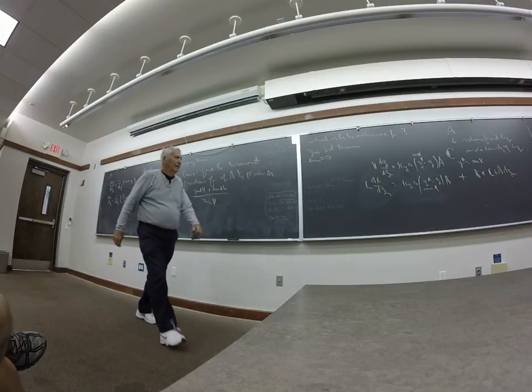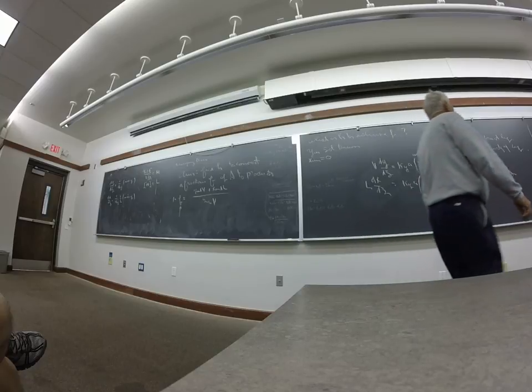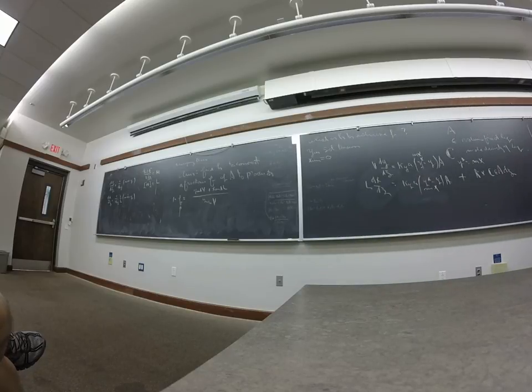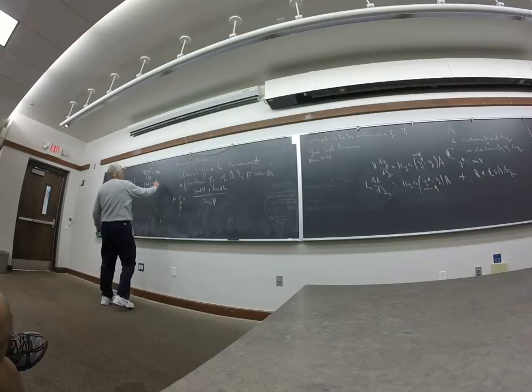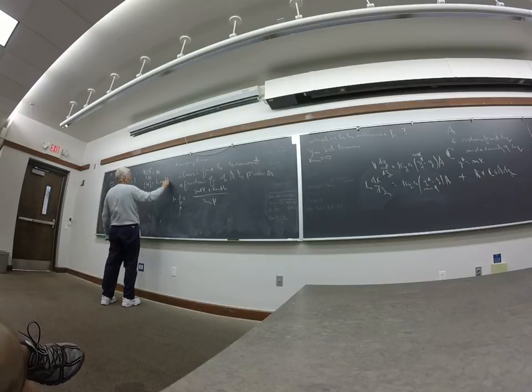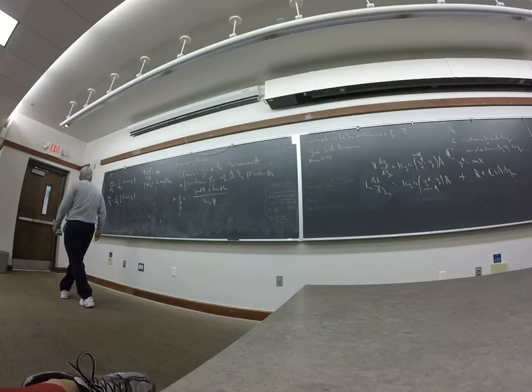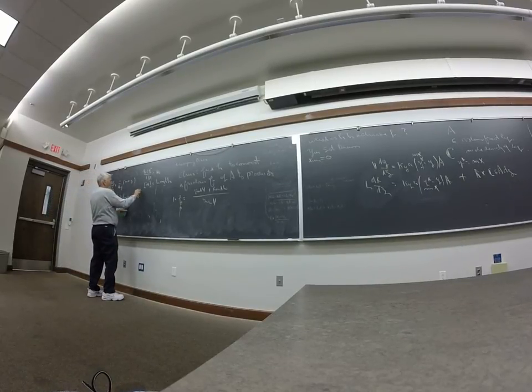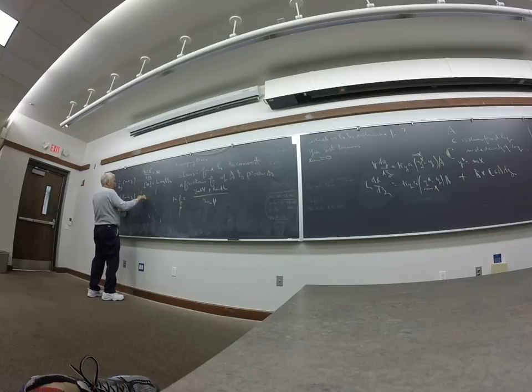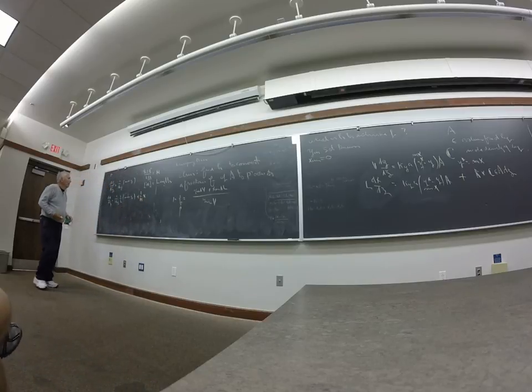Well, the dimensions of k are 1 over time. The dimensions of h are length, just like h over y. So what I got here is 1 over h x. So how am I going to state my problem?